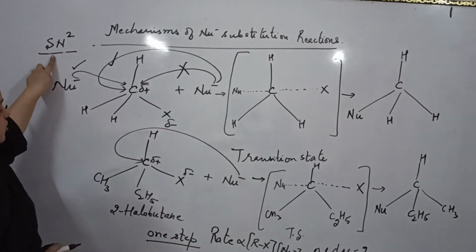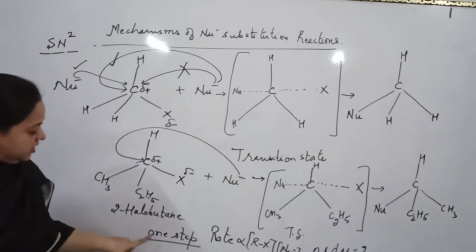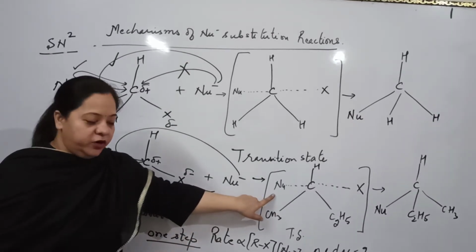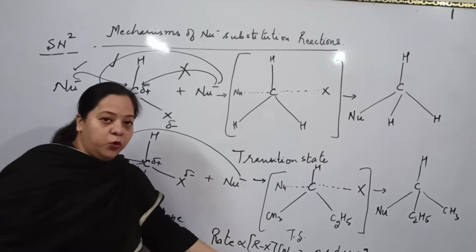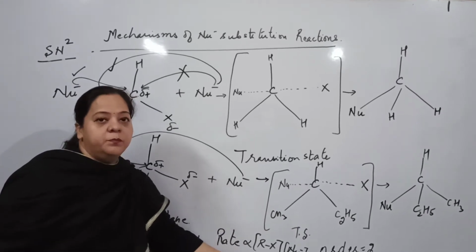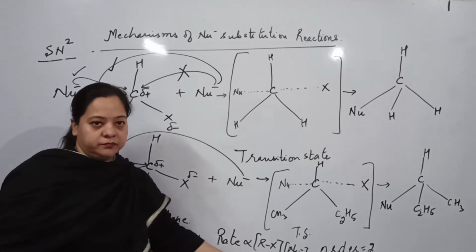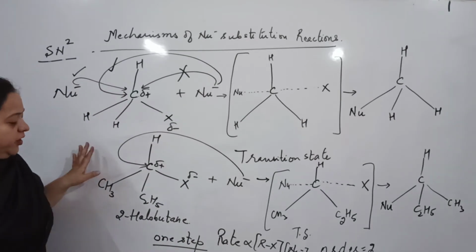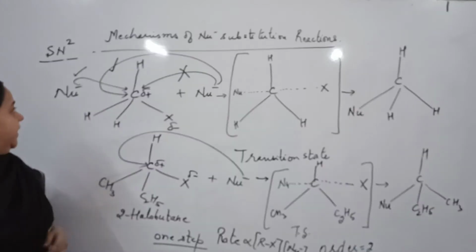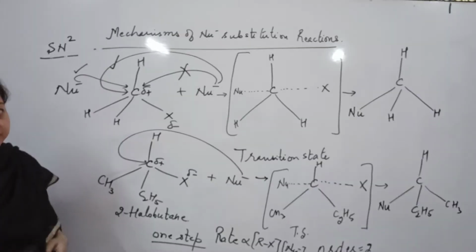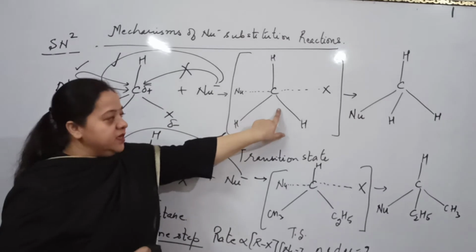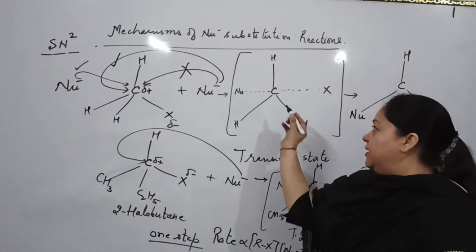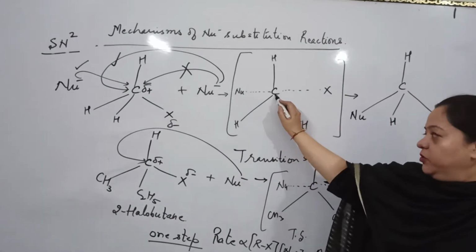So this is the SN2 reaction mechanism, which is a one-step process in which simultaneous bond formation and bond breaking take place, and the order is 2, or it is a bimolecular reaction. And if we go for the order of reactivity of different alkyl halides in the SN2 mechanism, then as here the simultaneous bond formation and bond breaking take place, carbon is surrounded by 5 groups.